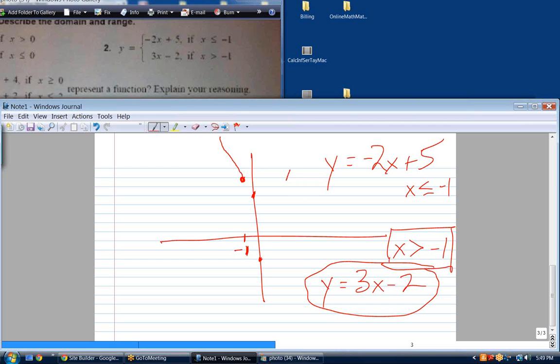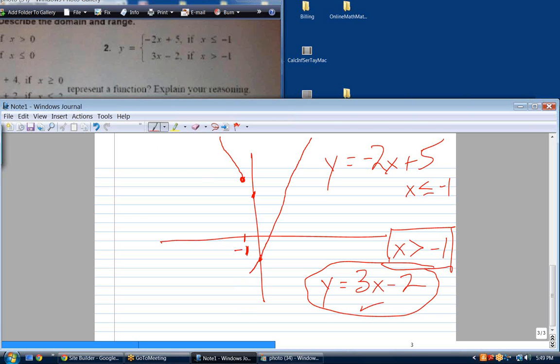So I'm just going to approximate that slope here, and I'm going to draw it like this. Only I can't go to the left of -1 because this says that it's only equal to this function when x is greater than -1. So I'm going to erase, and I'm only going to draw this. There's the slope of 3.